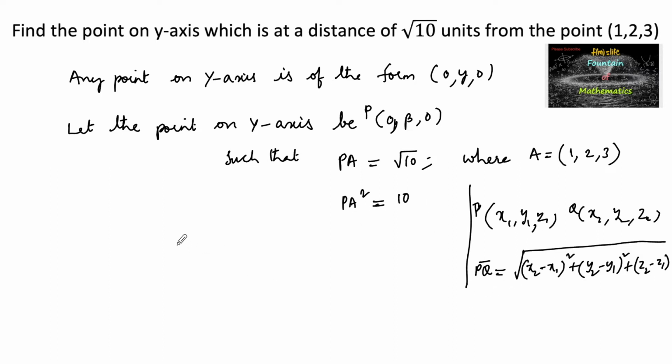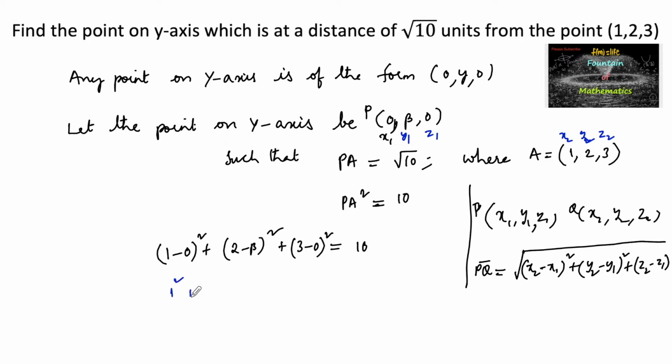So PA square is equal to 1 minus 0 whole square plus 2 minus beta whole square plus 3 minus 0 whole square is equal to 10, where this is x1, y1, z1 and here x2, y2 and z2 applied.